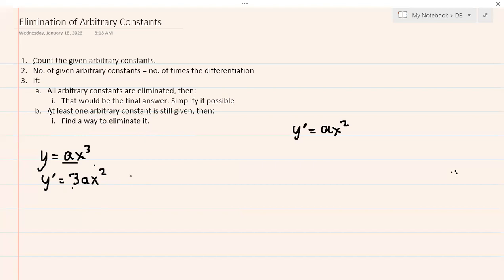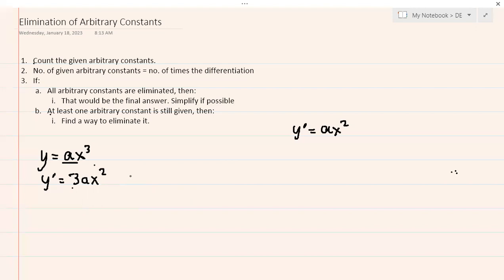So in here, pwede ako mag-apply ng system of equation. Okay? Methods in solving a system of equation. So if you're going to recall in your high school algebra, there are three methods in solving a system of equation. First is elimination method, second is substitution method, and third is graphing method.